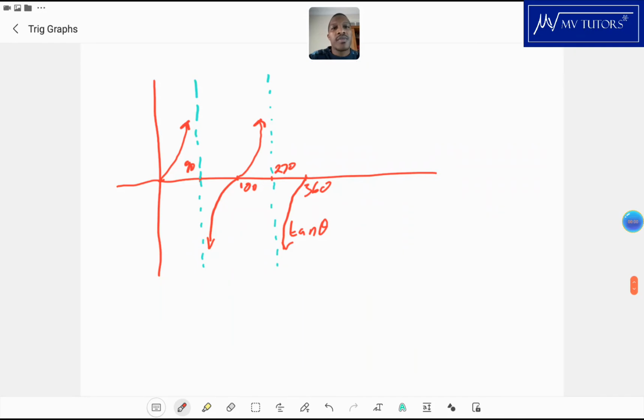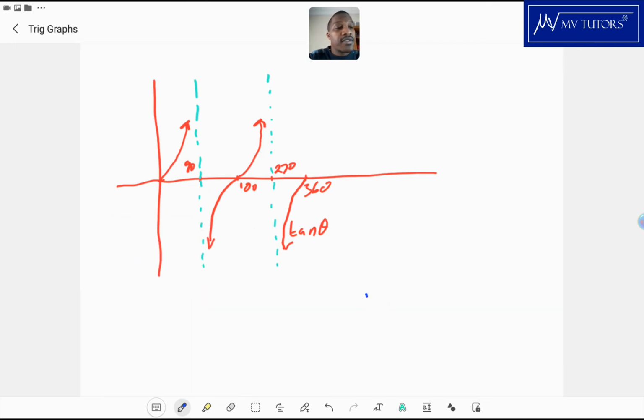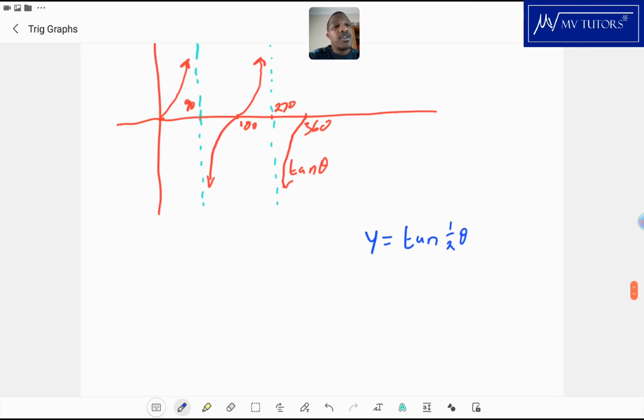That's it. So here we go again. We have our original tan theta graph. Now, what happens if we're given y equals tan a half theta? Just like the previous one, it affects the period.